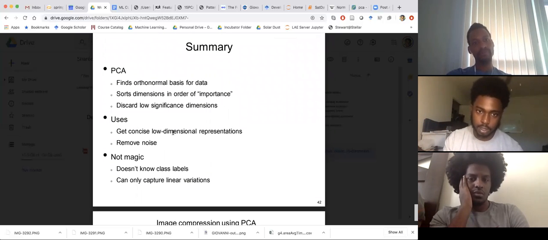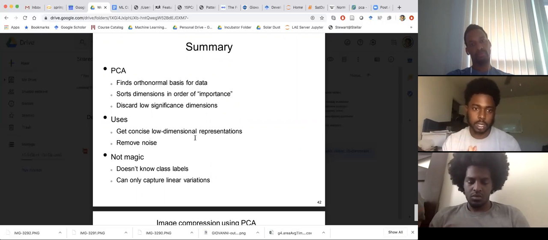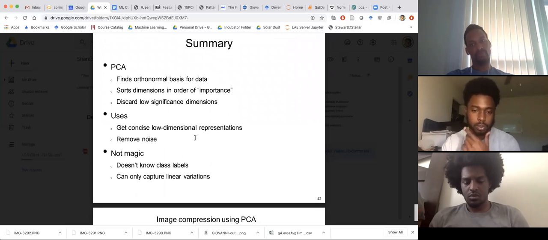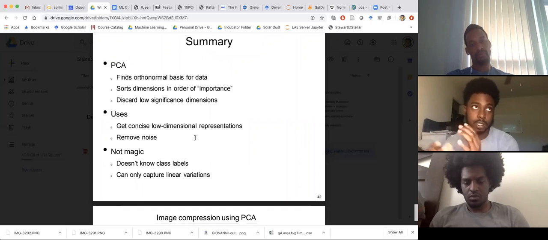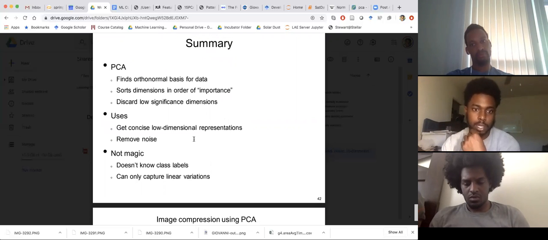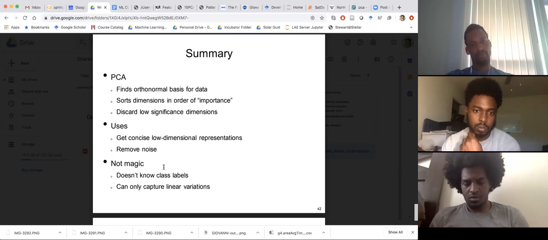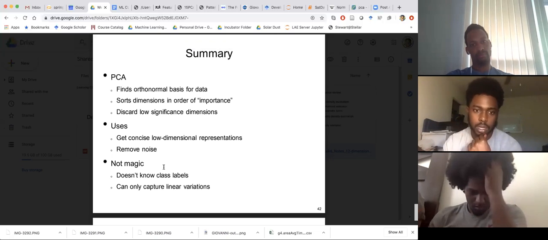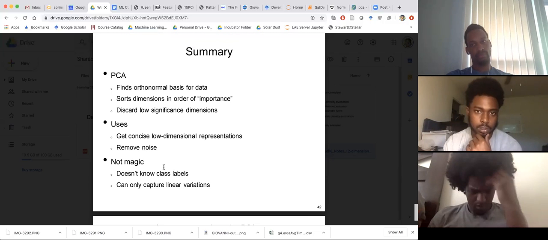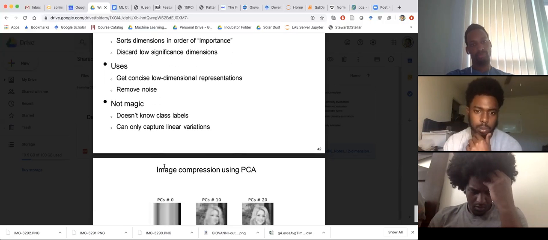It's good for getting low dimensional representations of your data. If you need to do compression, you can do something like this because you get lower dimensions and it removes noise. You don't really care about the less information carrying subsets of data. It doesn't know class labels, so if you want to do dimension reduction with class labels, use a different algorithm. And it can only capture linear variations, so if we have nonlinear variations, it might not be the move.